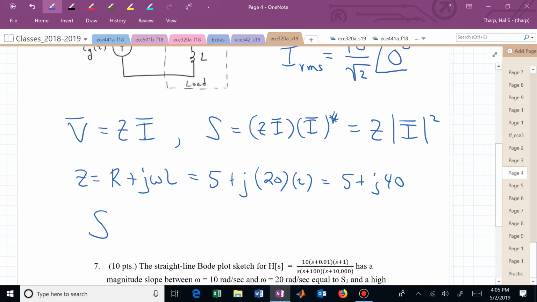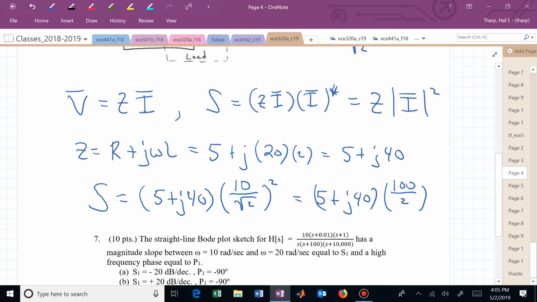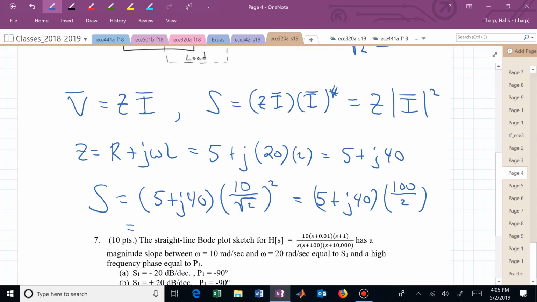Now S is 5 plus J 40 times 10 over the square root of 2, squared. Or that's 5 plus J 40 times 100 over 2. Or that's 500 plus J 4000 over 2.